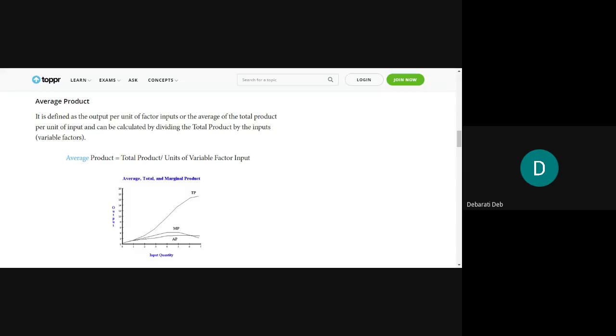So remember this, whenever you are calculating the average product, you have to divide the total product not by the number of units of production, but by the number of units of the variable factor, that is the input. Understood?